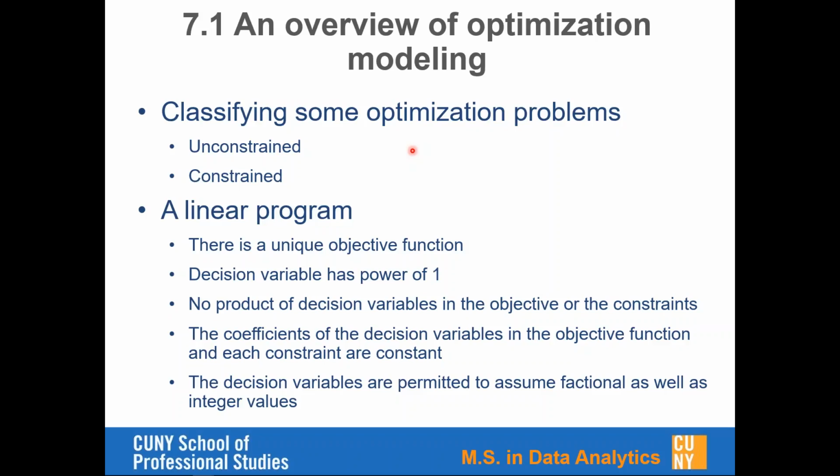Otherwise, it has to be called an integer program. Sometimes we call it a mixed integer program, MIP, when the decision variables can only be binary or integer. In other words, if they can only be 0 or 1 or integers, then the problem becomes a MIP, mixed integer program, instead of a linear one.